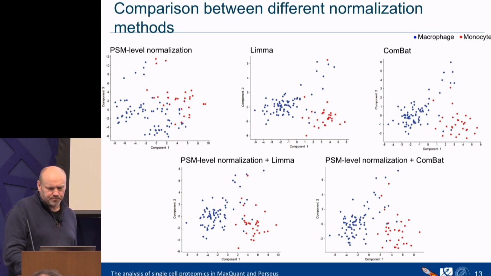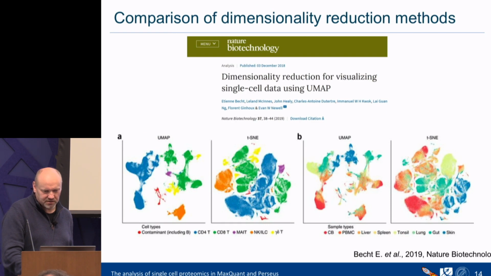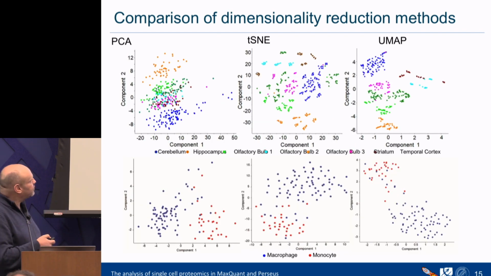Okay, then I guess this is just to show that you can already do t-SNE and UMAP in Perseus, so that's already integrated. From the brain region data, we did PCA, t-SNE, and UMAP. It probably depends a bit on what exactly you want from the data, but the PCA separation is actually not too bad compared to t-SNE and UMAP.